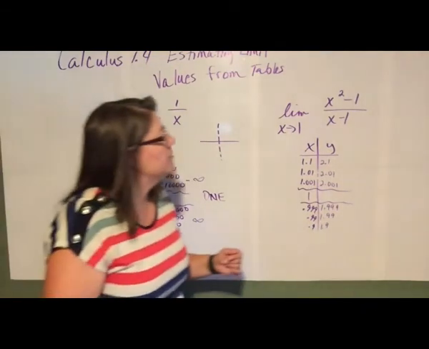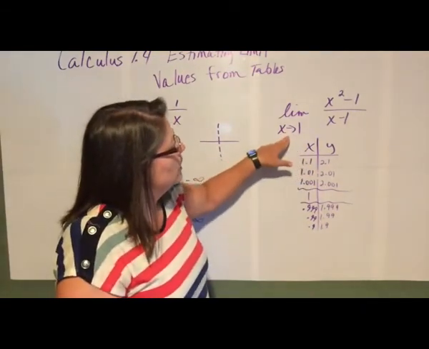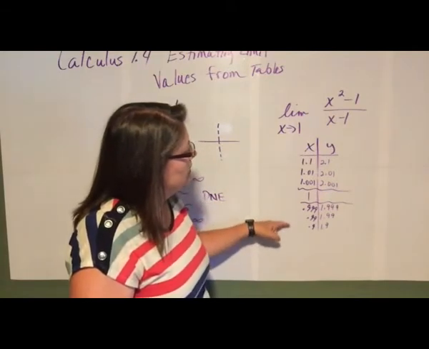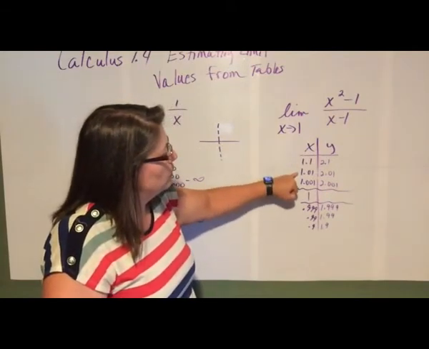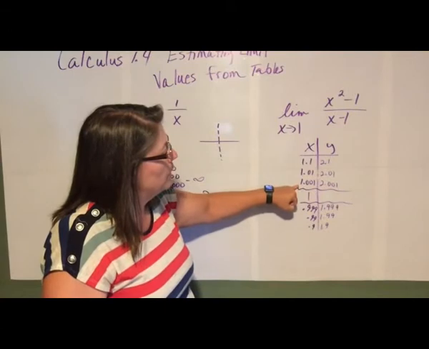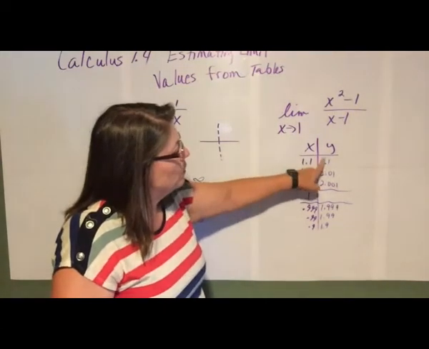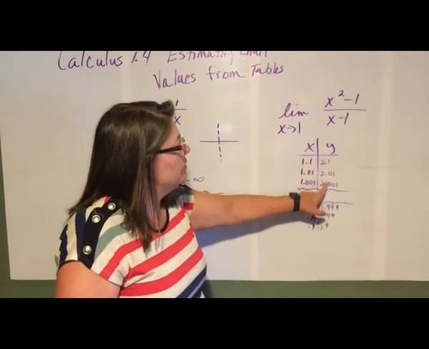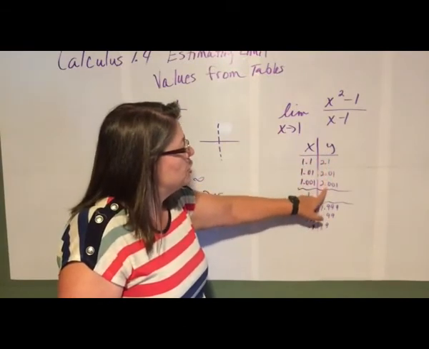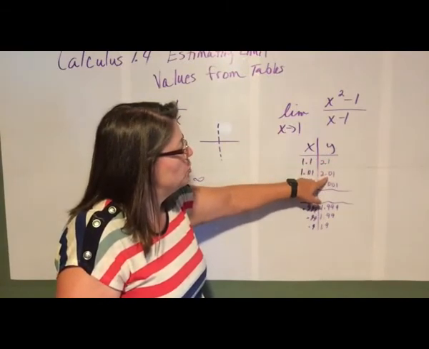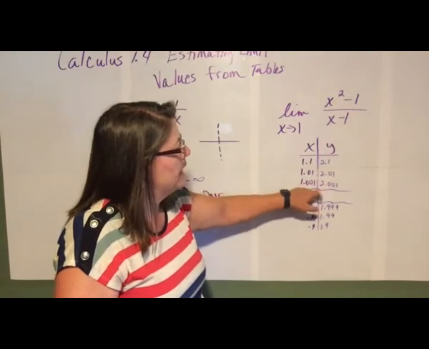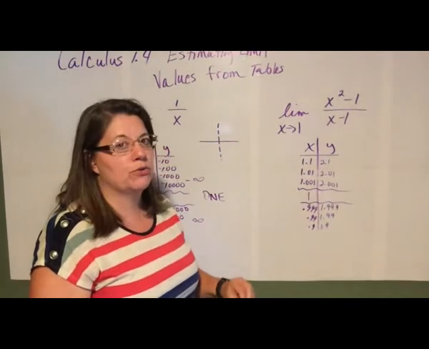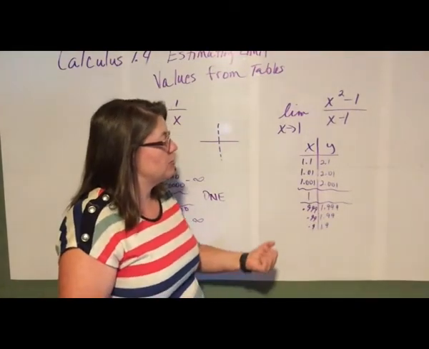In the second one, they're wanting us to approach 1, and so I'm doing that on the table. I've got 1.1, 1.01, 1.001, and as you can see, the y values, and again, I put these in the calculator, are approaching 2. So 2.1, 2.01, 2.001, and I would venture to guess that if we keep going, it's going to get closer and closer to 2.